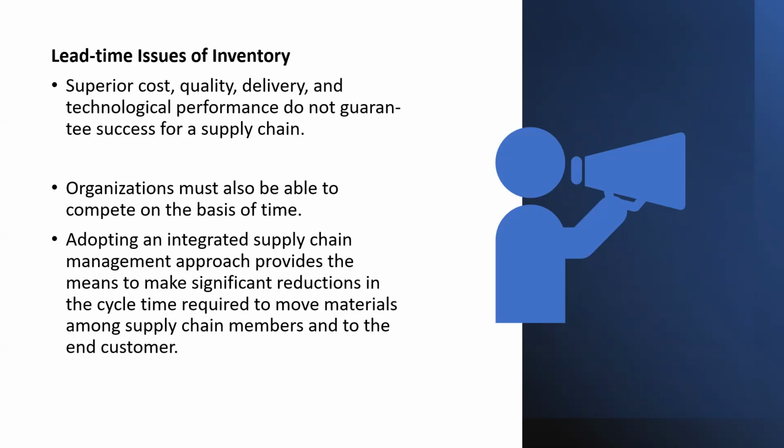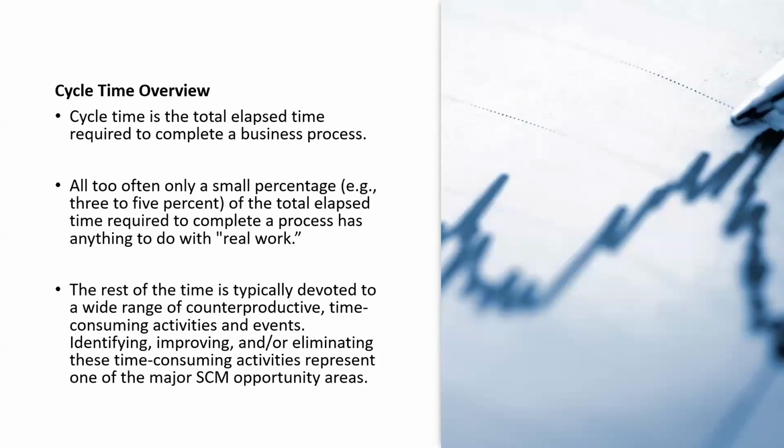Adopting an integrated supply chain management approach provides the means to make significant reduction in the cycle time required to move materials among supply chain members to the end user. So you must look at your cycle time, which is the total elapsed time required to complete the business process. We looked at it on the other slide.